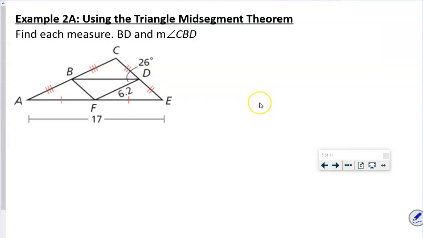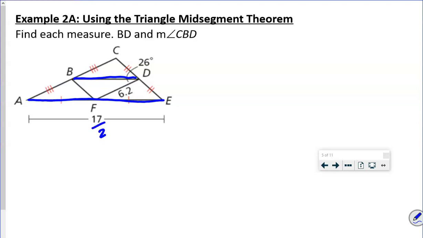Using the triangle midsegment theorem, find each measure: BD and the measure of angle CBD. We're going to be able to talk about that based on the things that we already know. This is asking me to find the length of BD, and BD is up here. So we want to look at the side that's parallel, which is this side right here, AE.